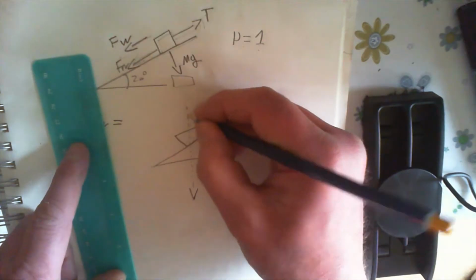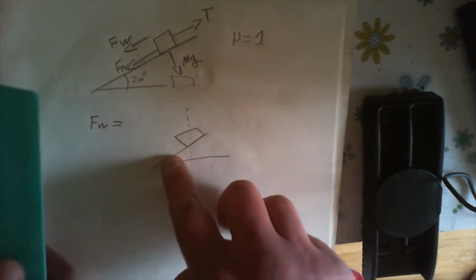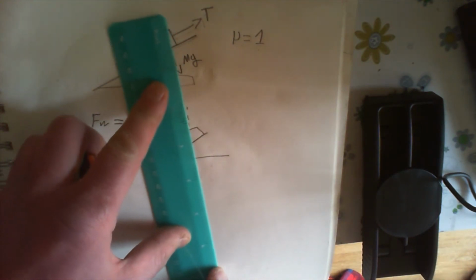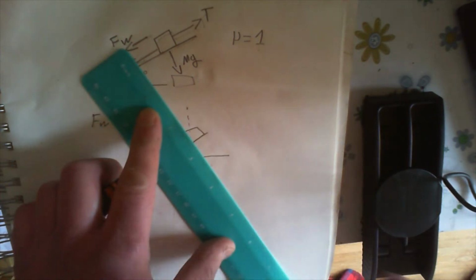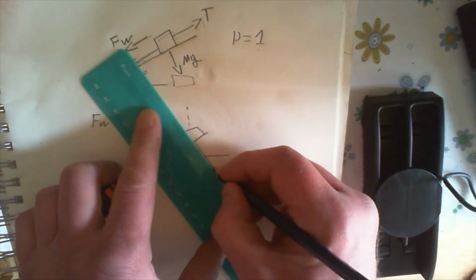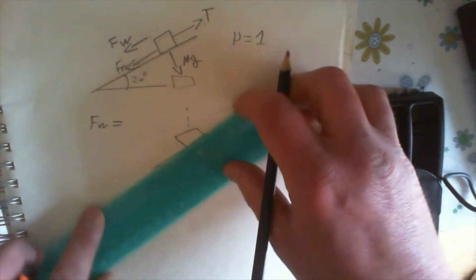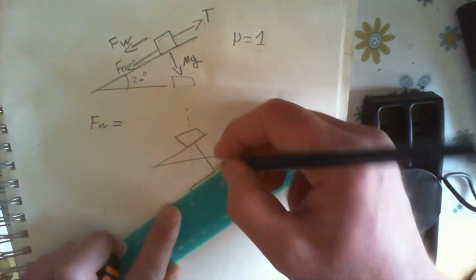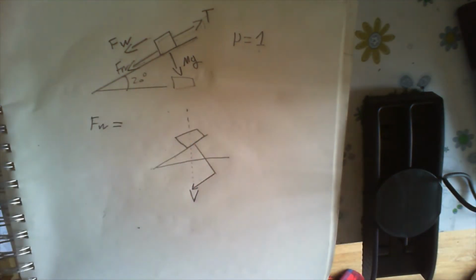Now, because this is on an incline like that, and this will be at the same angle, I always visualise it like this, and this slope is kind of like that, like my rubber.